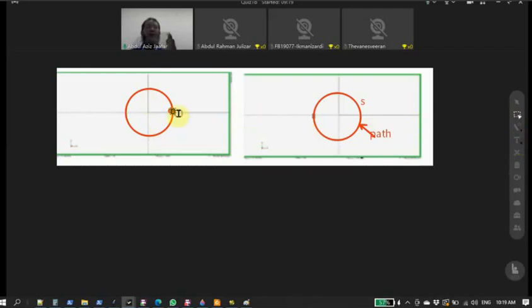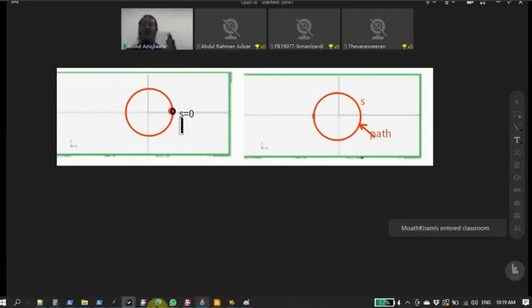And that will be s equal to 0. If it is making a complete circular motion, the final will be s equal to, if you want to give it in meters, 2 pi r.